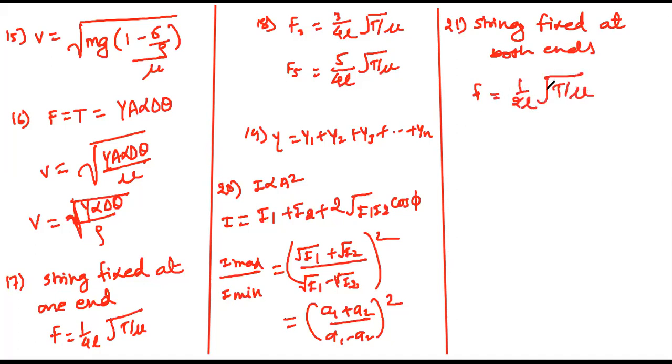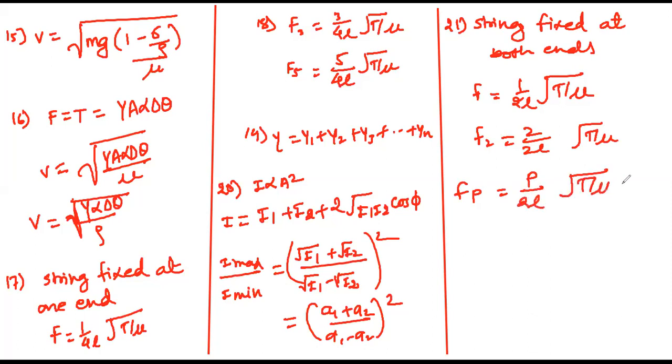This is the fundamental mode. Then next is 2 by 2L under root T by μ. And for p loops, f_p is equal to p by 2L under root of T by μ. This is for string.